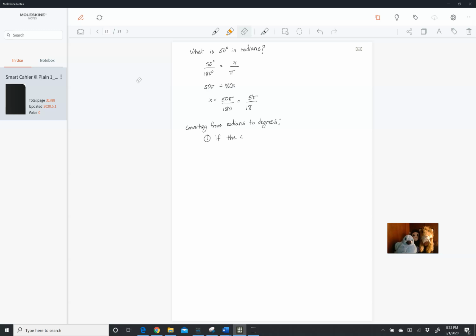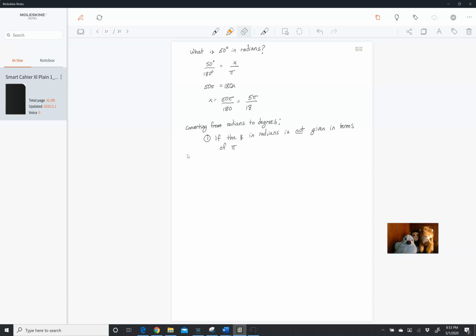If the angle in radians is not given in terms of pi, right? We could be told that the angle is 1.57 radians. That's fine. There's nothing wrong with that. We typically leave it in terms of pi because when we plug it into our formulas, it makes our life much easier, but we don't have to.